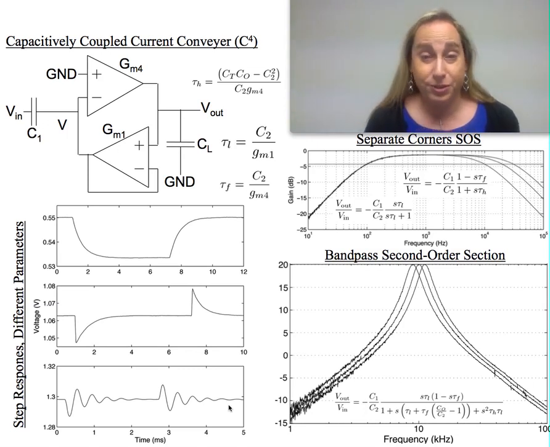This is one of the more interesting structures to work with, and it's a very dense, very effective bandpass filter element. It has only two GM elements. It tends to be fairly low noise compared to other approaches you might build out of this.